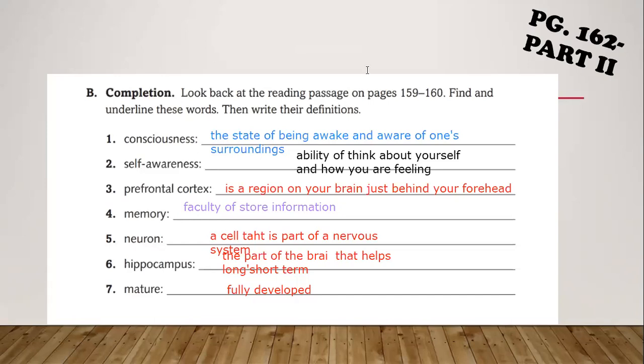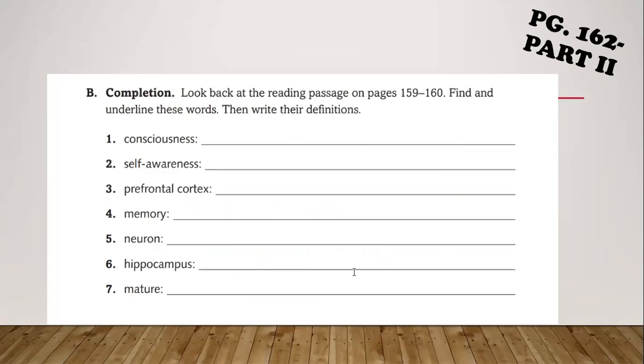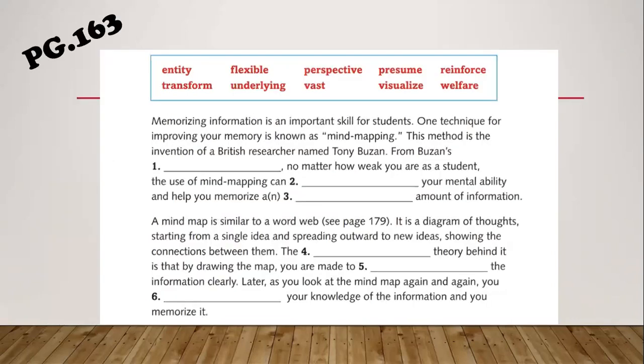Okay, let's continue. Because of time. Okay, who has number 1? In this case, we need to use the vocabulary. A British researcher named Tony Buzan. Number 1, in that case, part A is perspective.